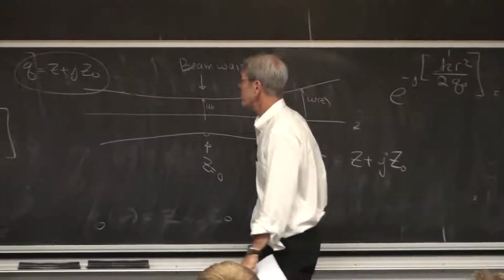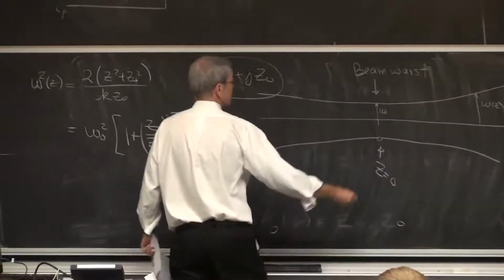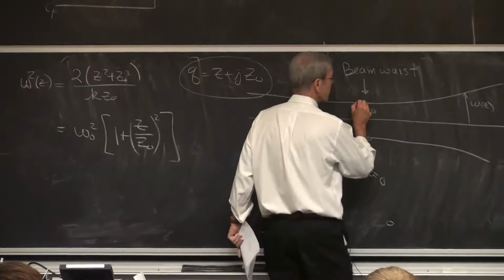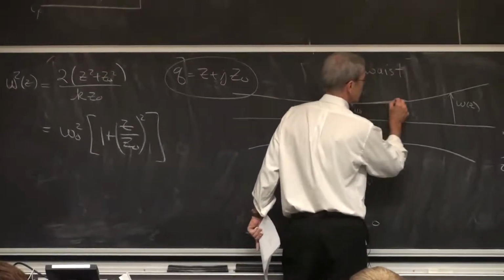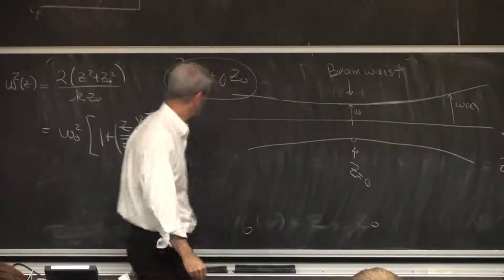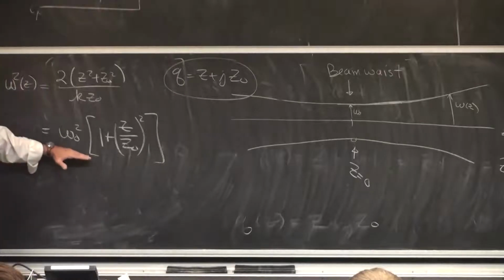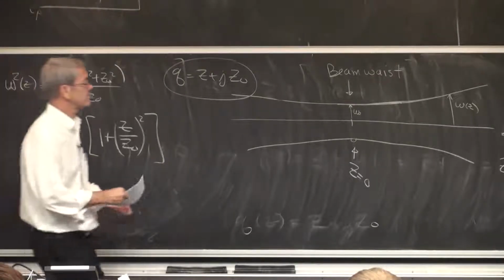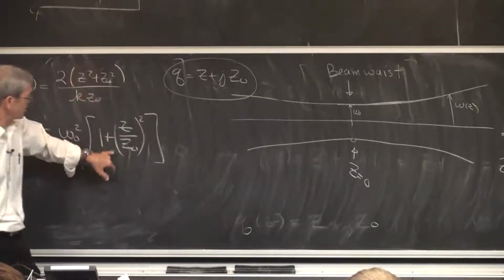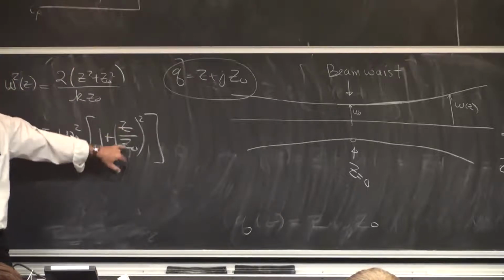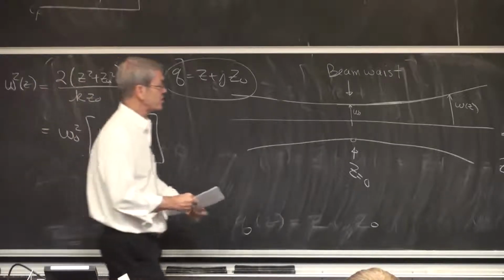So that's the beam waist. It comes to a tight focus. If you plot this out, it looks almost collimated here. It's just kind of cruising right along, and then it finally starts to spread. The place where the area doubles is when Z is equal to Z naught. So what's Z naught?